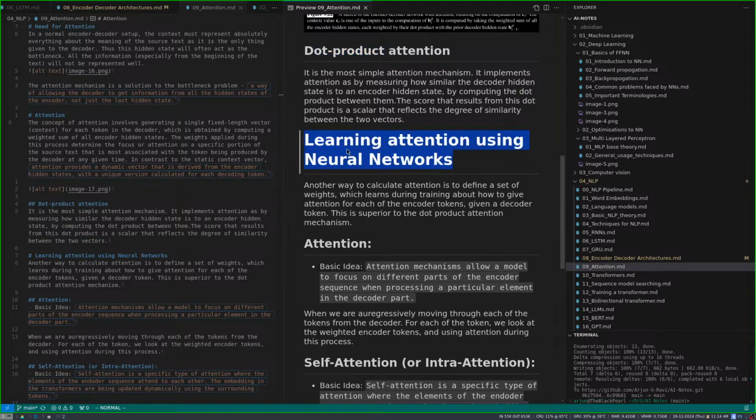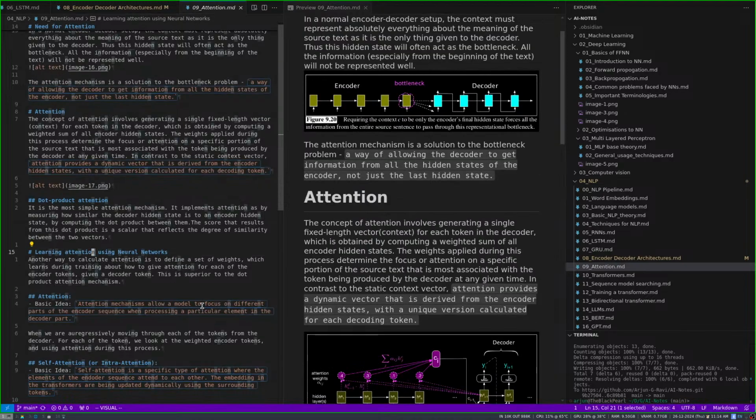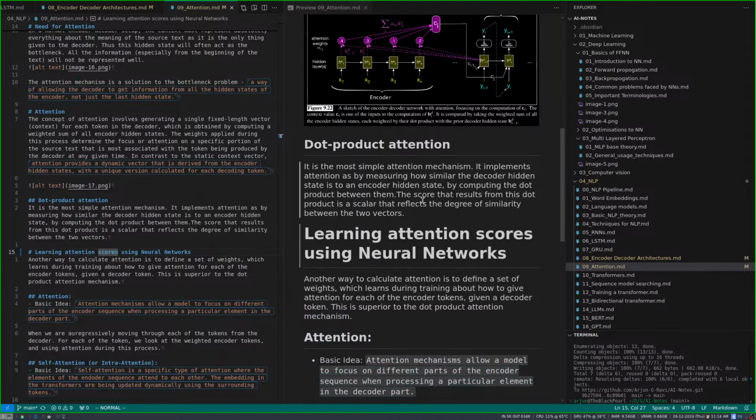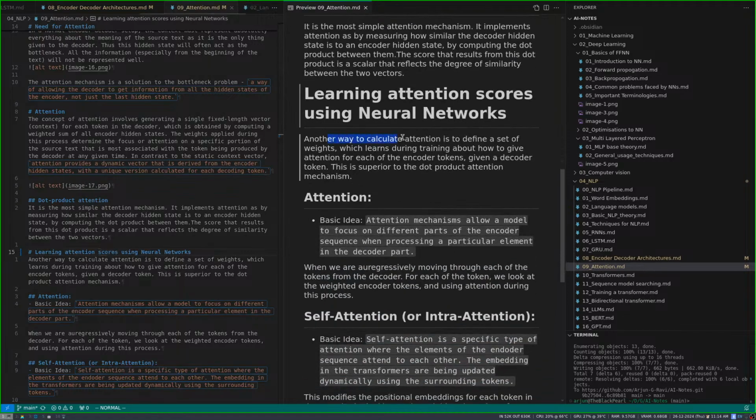Another way is learning attention using neural networks: define a set of weights which learn during training how to give attention to each of the encoder states.